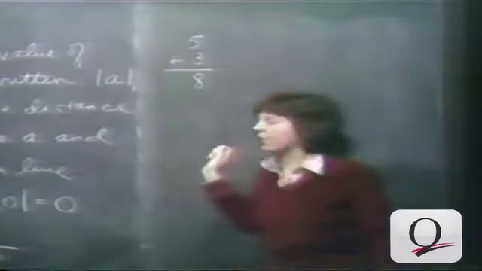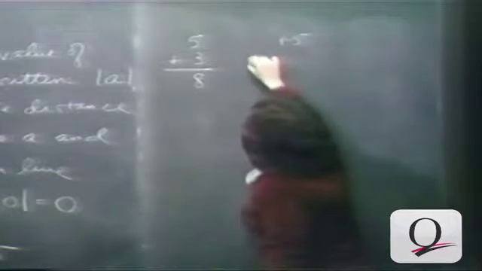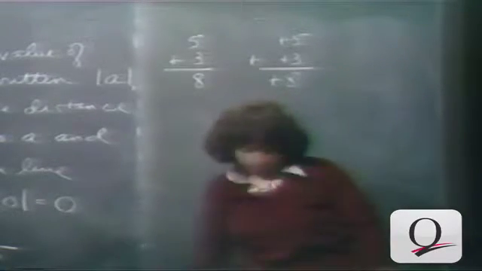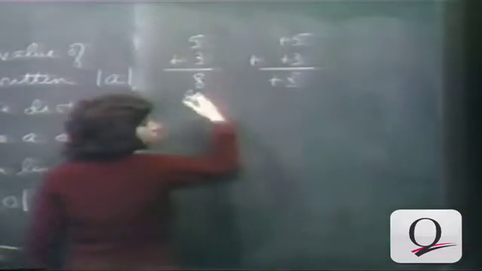I'm not telling you anything you don't already know. If we want to spell out the fact that these are positive numbers, we might write plus 5 and plus 3 gives you plus 8. But it's really the same 5 plus 3 equals 8 that you're familiar with.